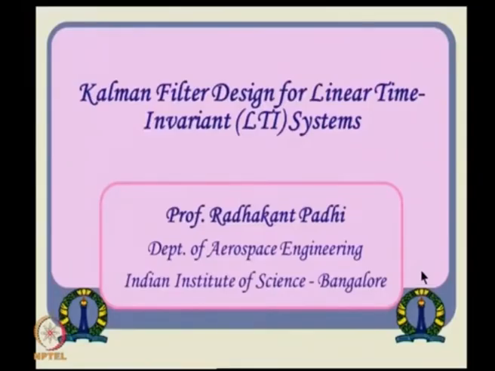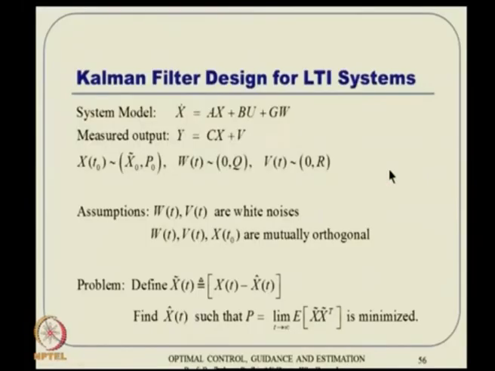Then we went ahead and discussed some probability theory, random variables and all that to get ourselves ready for the Kalman filter, and then finally went towards Kalman filter design and saw the derivations in detail. We have this system dynamics, x dot is Ax plus Bu plus Gw, and the measured output is Cx plus v, where w is a process noise and v is a sensor noise.